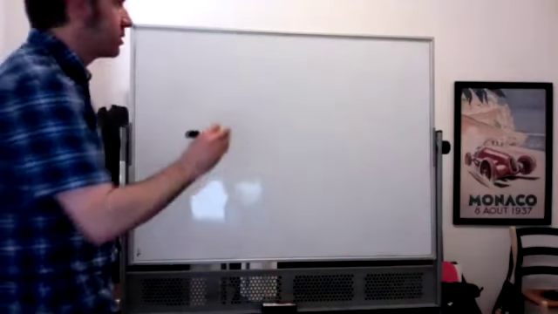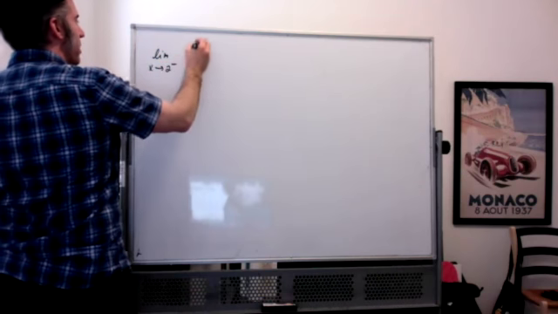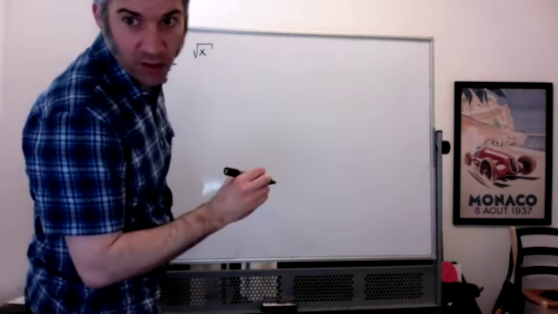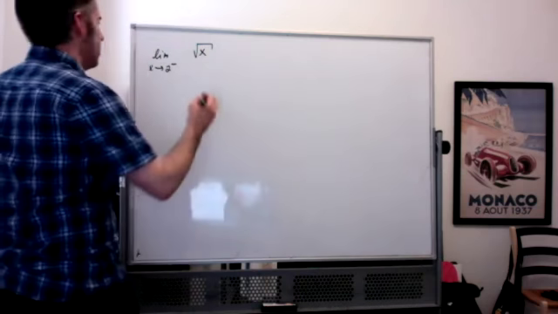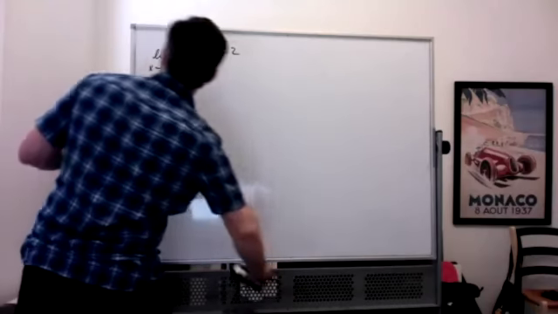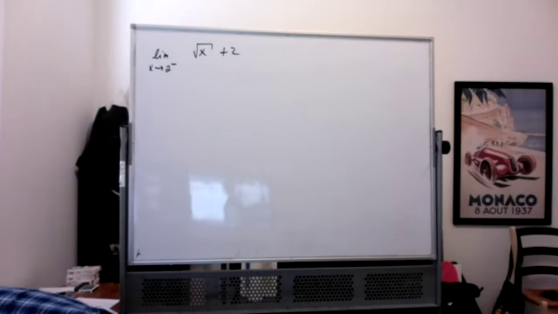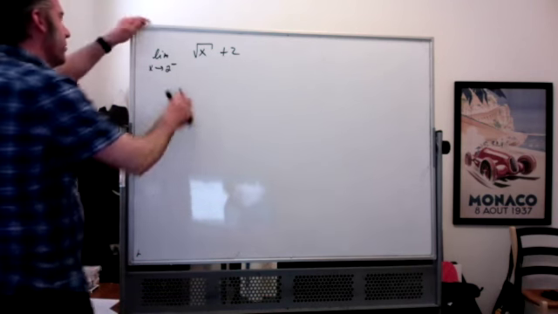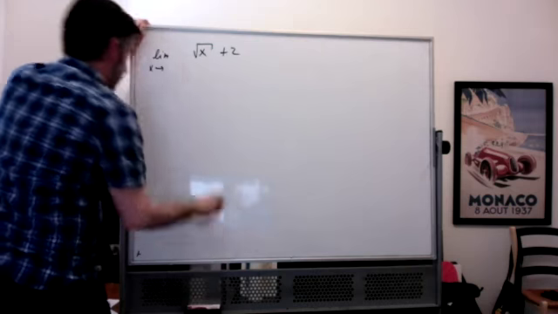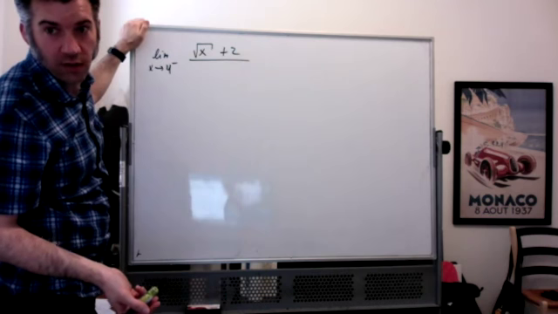All right, let's keep doing limits. This next one looks interesting. The limit as x approaches 4 from the left of the square root of x plus 2 over x squared minus 16.